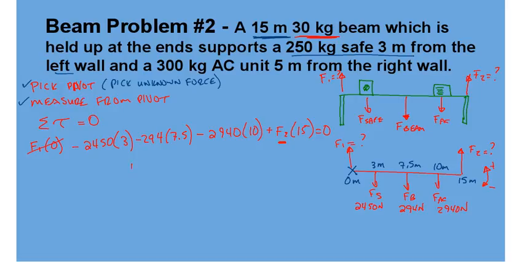Right here I'd have F2 times 15 equals 38,955. I went ahead and multiplied all this out and then added it to both sides so that it ended up over there. Clearly for F2, all I got to do is divide by 15. So 2,597.